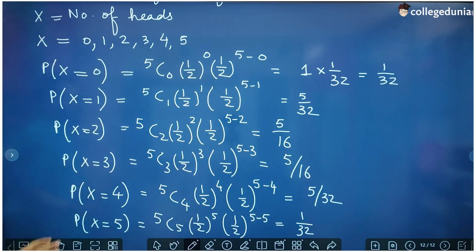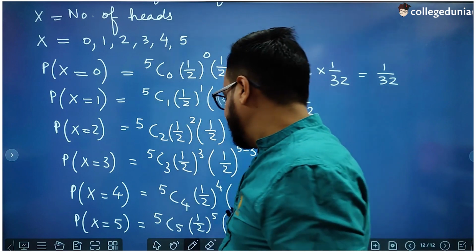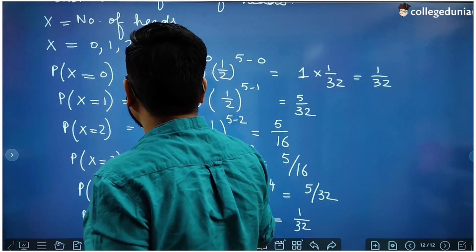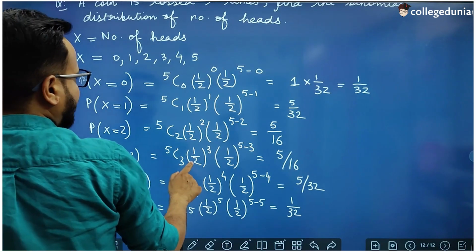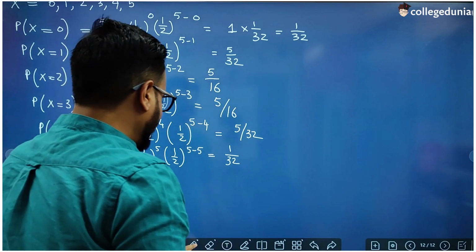Okay, so we have the probability of all possible values of x. Now we have to make a table like this, and that table is called the binomial distribution table. Create a table.